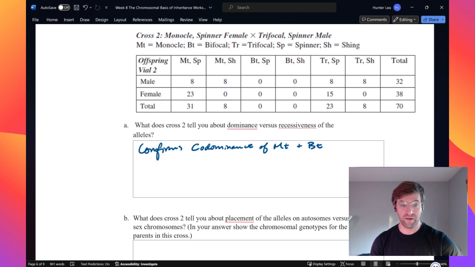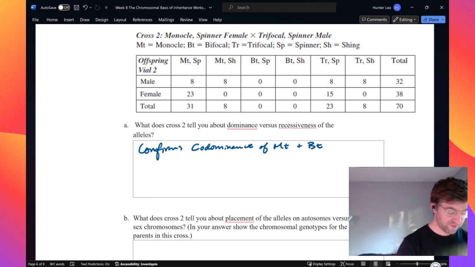even though the parents were both spinners, then shiny must be recessive.